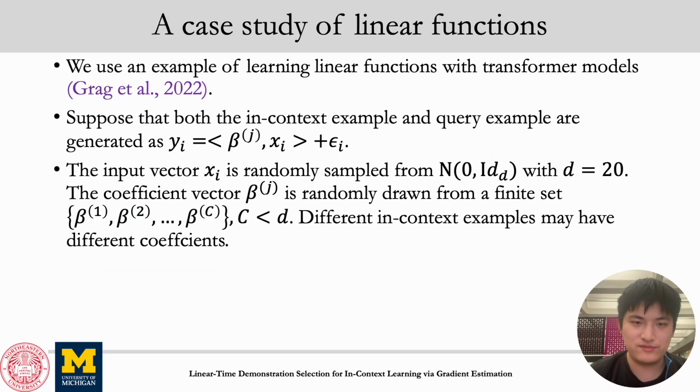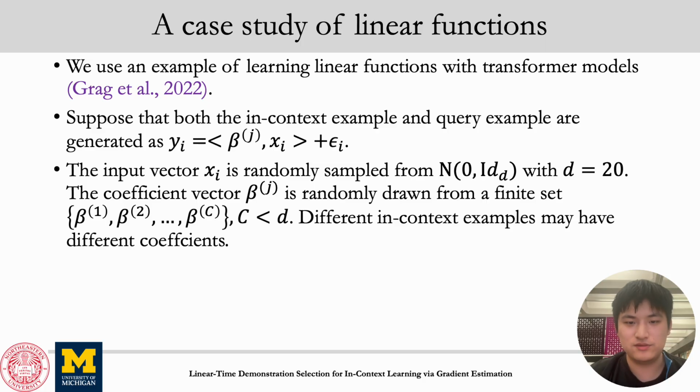To evaluate our method, we first give a case study of basic linear functions. We use examples from learning linear functions with transformer models. Suppose that both the in-context examples and the query example are generated using this formula, and the input vector x_i is randomly sampled from a normal distribution with dimension 20, and the coefficient vector is randomly drawn from a finite set, where the number of betas is less than d.